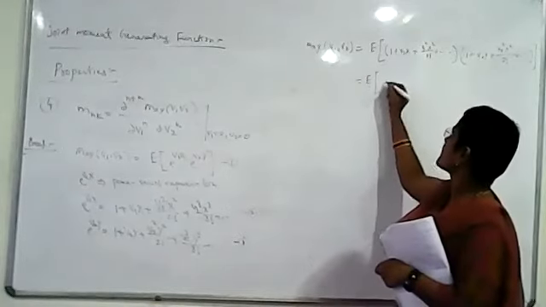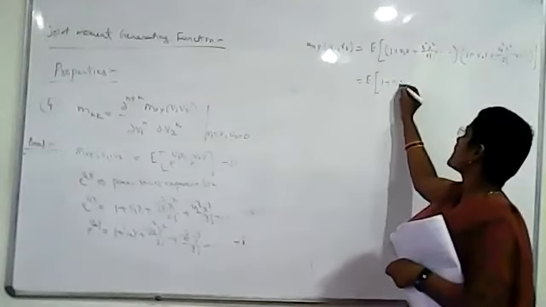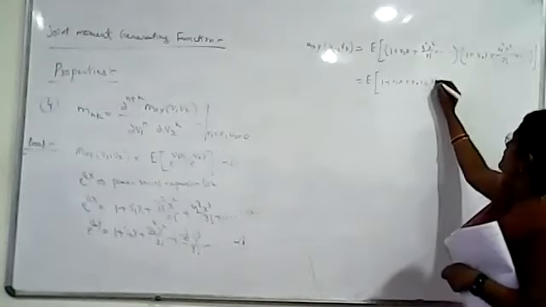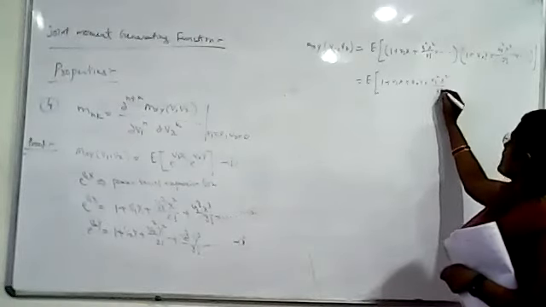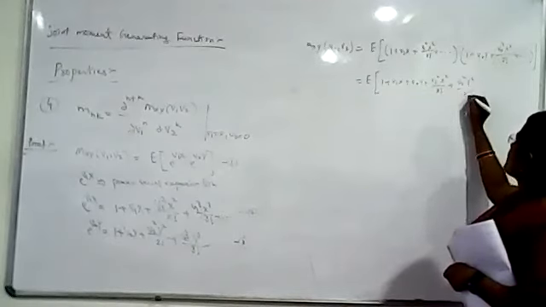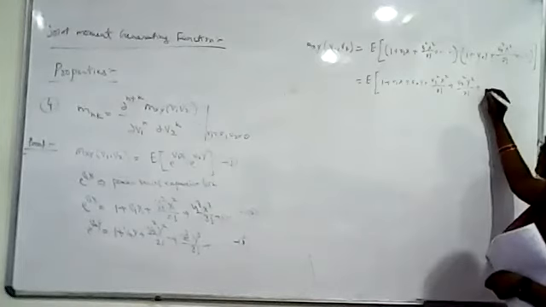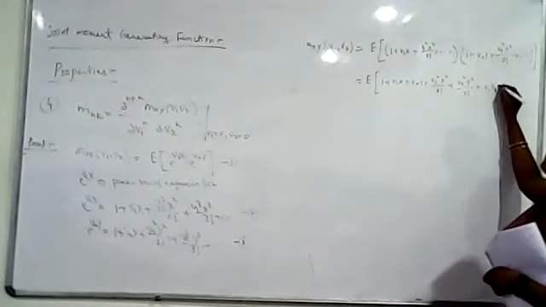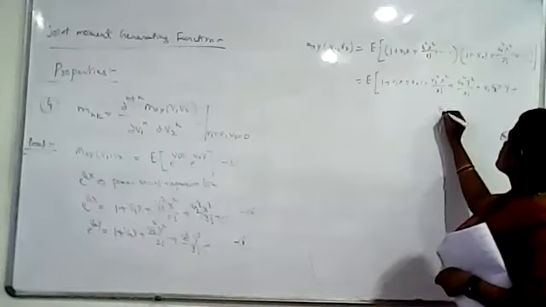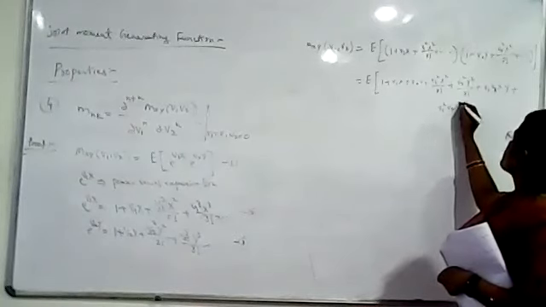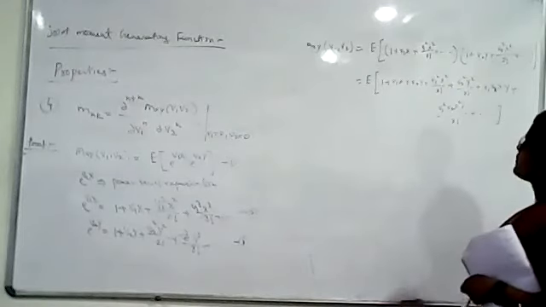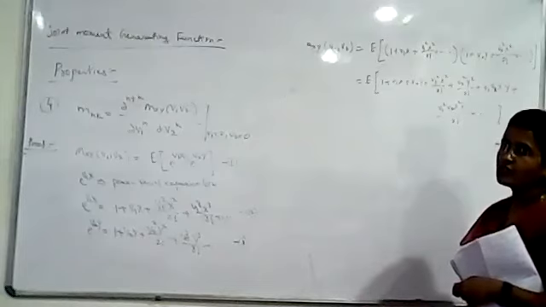If you multiply, we get 1 plus v1x plus v2y plus v1 square x square by 2 factorial plus v2 square y square by 2 factorial plus v1 v2 x y plus v1 square v2 x square y by 2 factorial, and so on. Now apply expected value to each and every term.